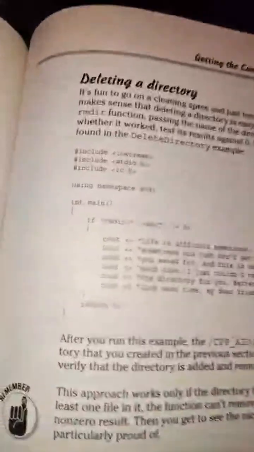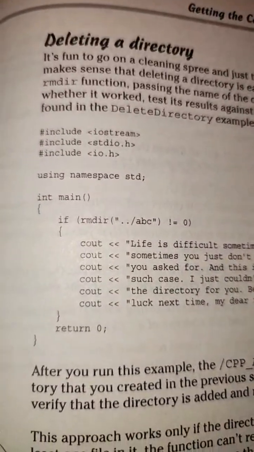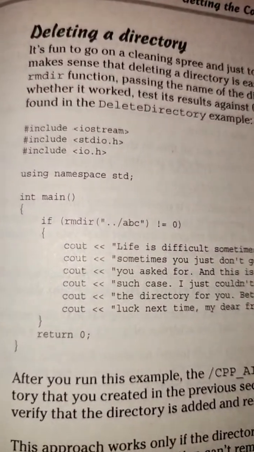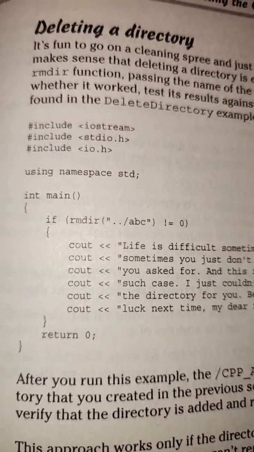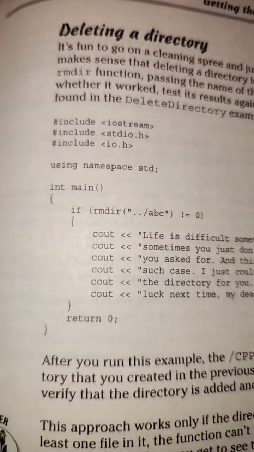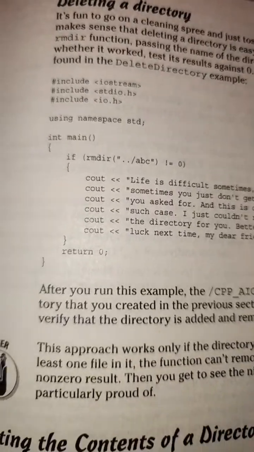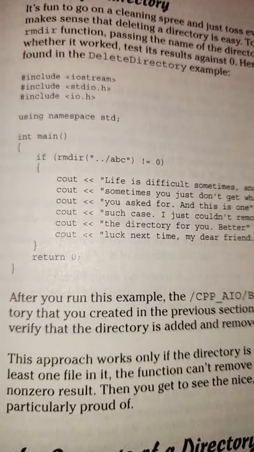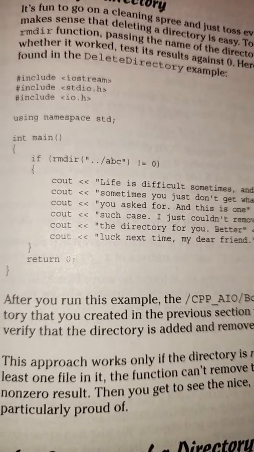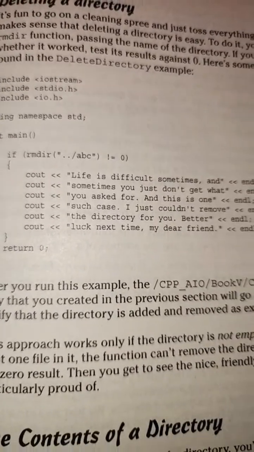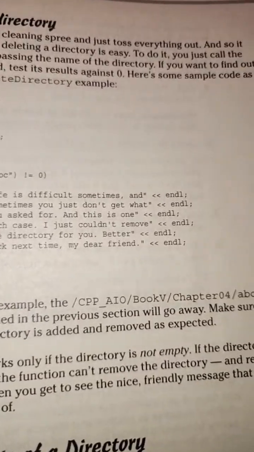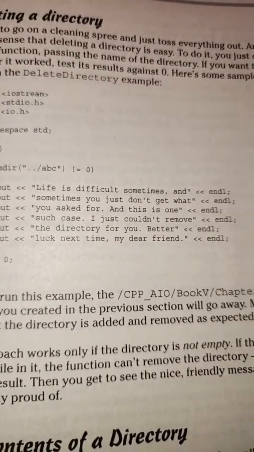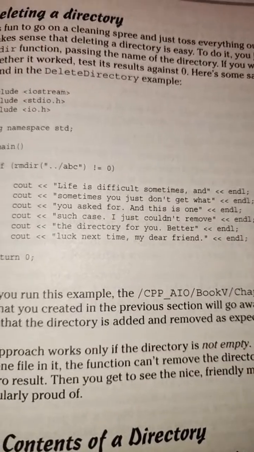#include <iostream>, #include <stdio.h>, #include <io.h>. Using namespace std. int main, if rmdir /ABC does not equal 0, cout: life is difficult sometimes, and sometimes you just don't get what you asked for.